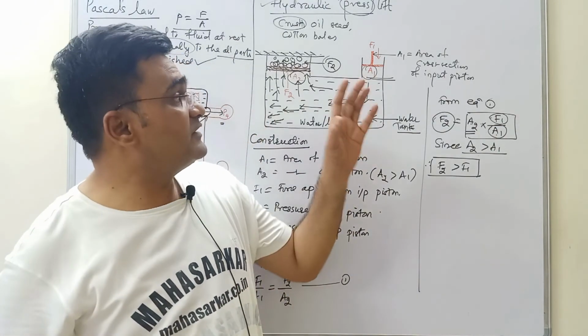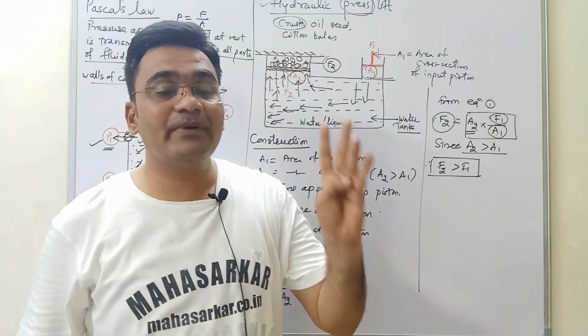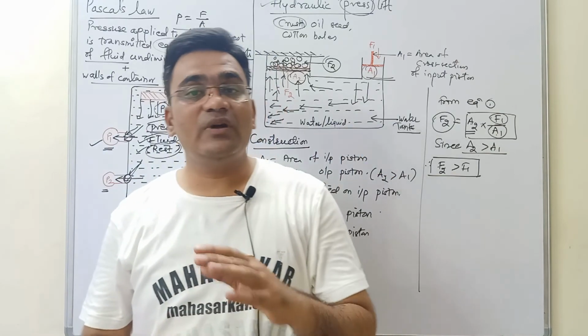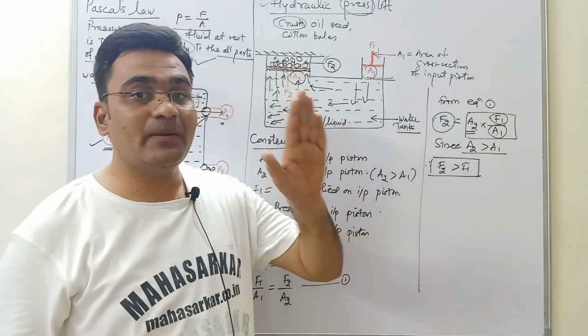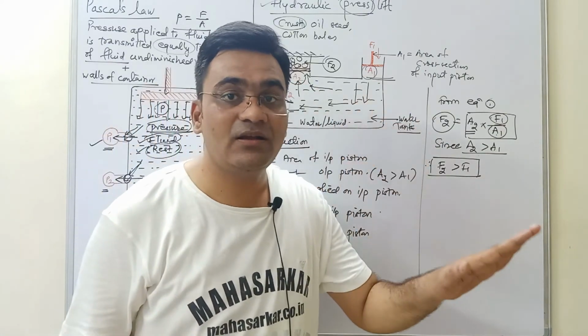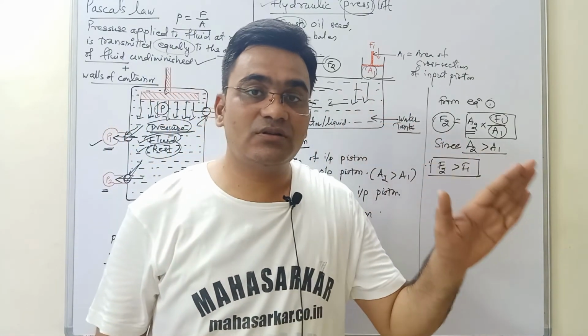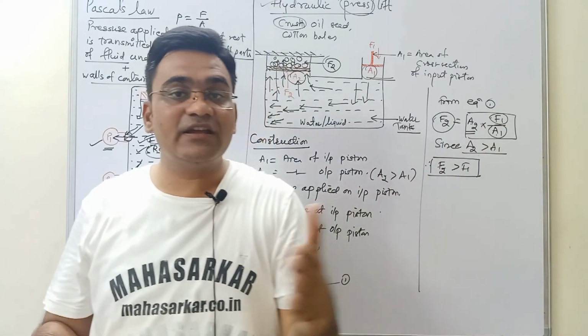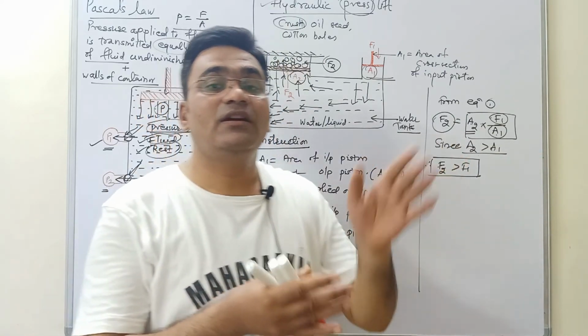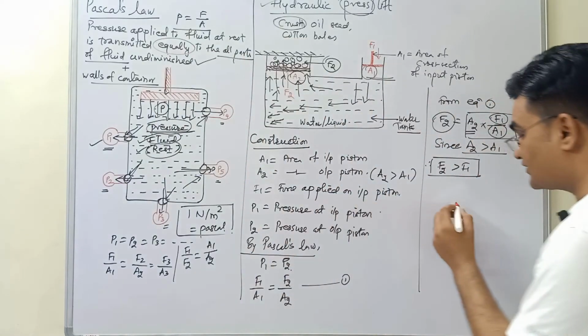Hydraulic brakes, hydraulic press and hydraulic lift work on the same principle. In hydraulic brakes also, when the driver applies force to the brake pedal, the force is transmitted to the tank, the piston in the tank exerts pressure, and then it exerts on the drum which is connected to the wheel.